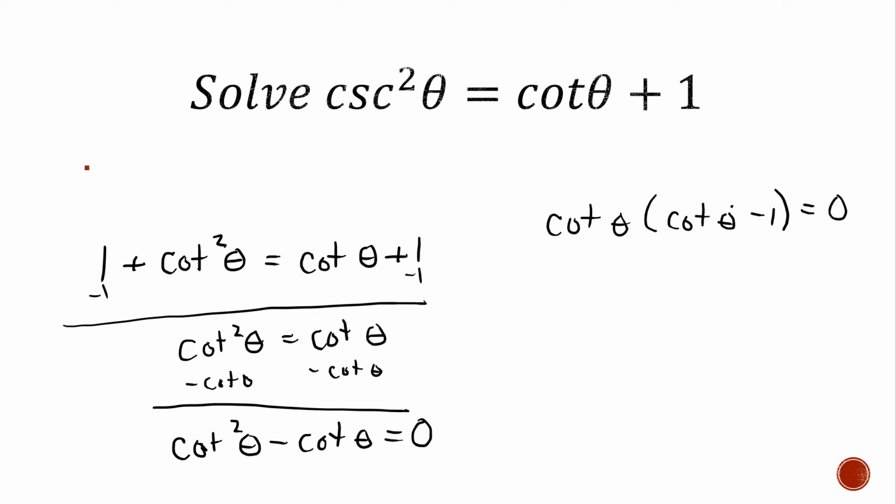Okay, so I've got it factored, and I can do a quick check. Cotangent times cotangent would be cotangent squared. Cotangent times -1 would be negative cotangent. And then remember, you're going to set each of these equal to 0 and work at solving.